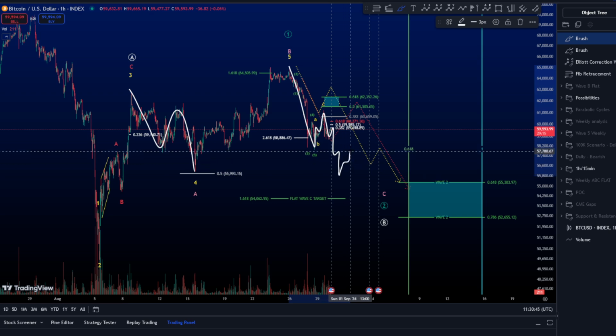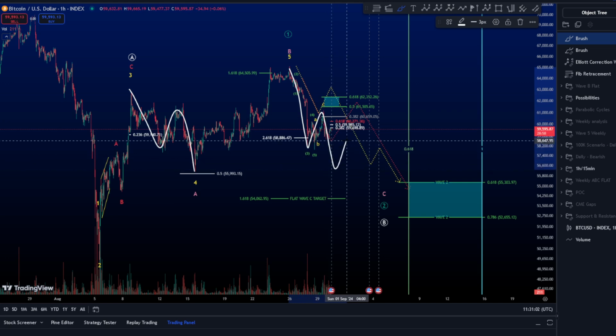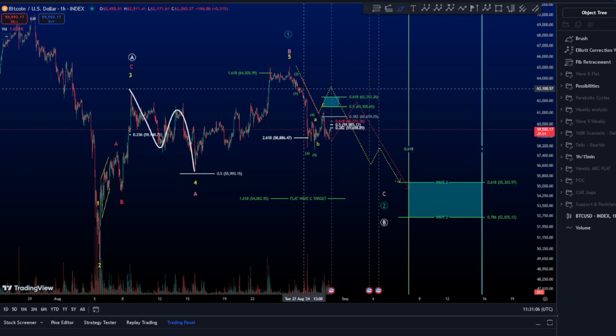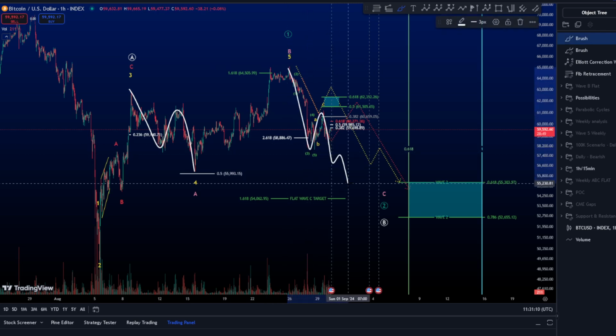Then we're going to see a zigzag for a wave 4, and then an impulse for a wave 5. This is a 5, 3, 5 contracting diagonal. 5, 3, 5 means 5 waves down, 3 waves up, 5 waves down, 3 waves up, and 5 waves down. Because we started with 5, it should continue with 5 impulsive waves.